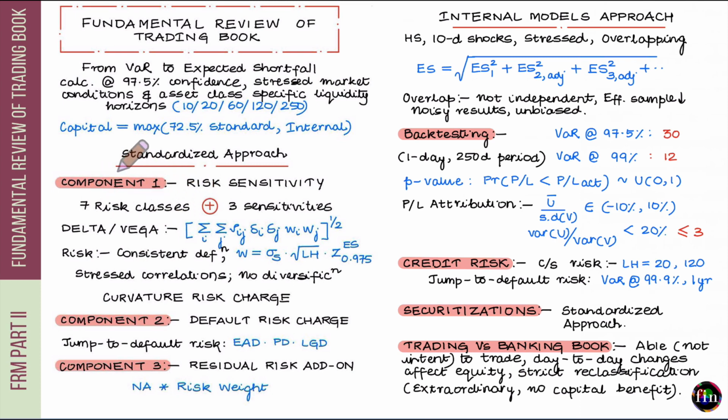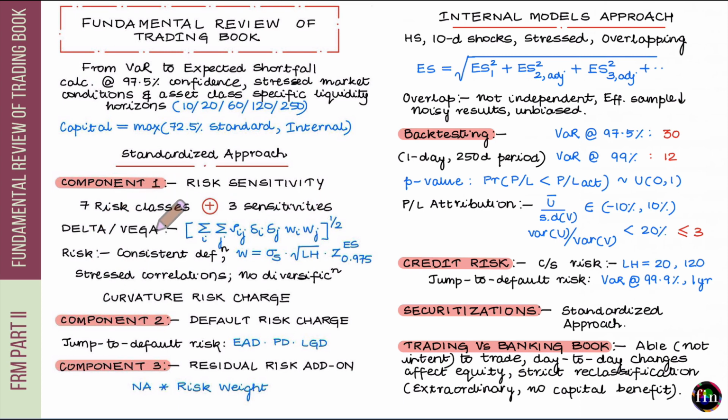For each of these 7 risk classes, we compute 3 sensitivities. First order sensitivities, delta and vega, and second order sensitivity, which captures the curvature risk. Okay. For each of these 3 sensitivities, we compute a risk charge.